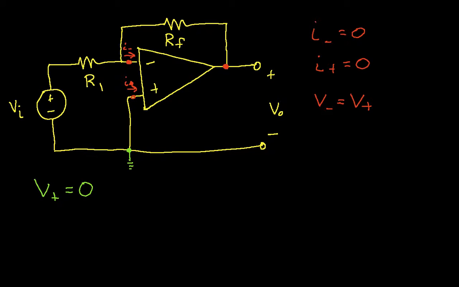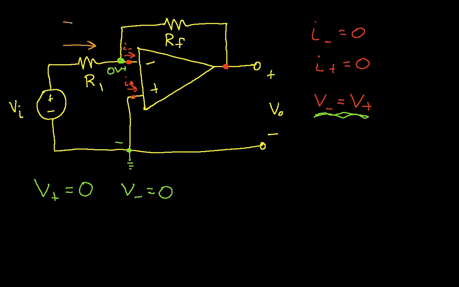Which means then that V minus will also be equal to 0 volts because we're making this assumption due to the ideal op-amp model. So this node in the circuit is at 0 volts, the difference between here and ground.